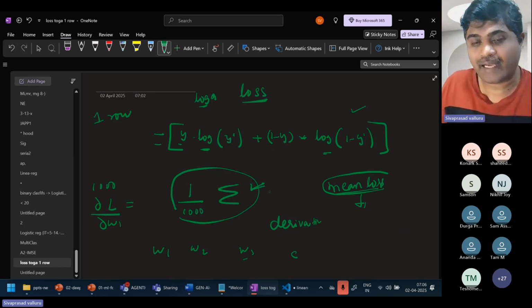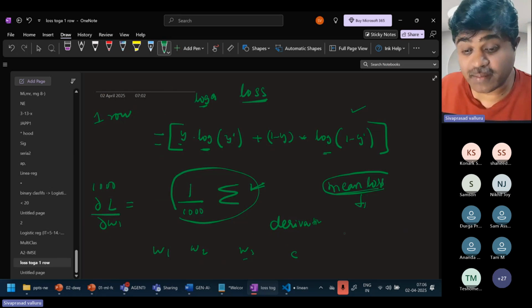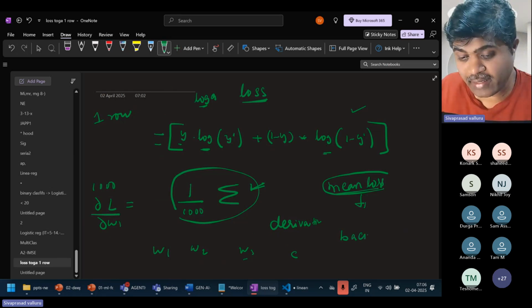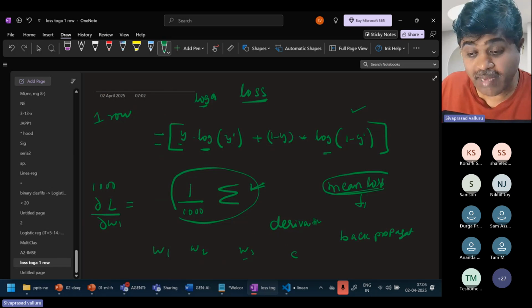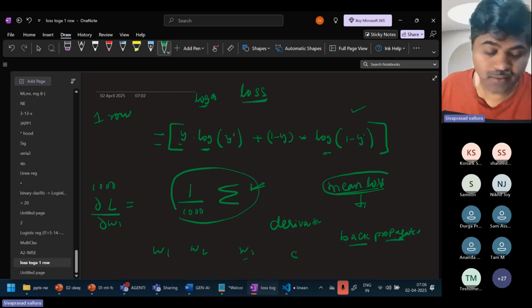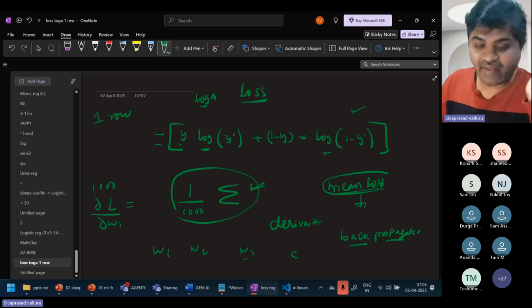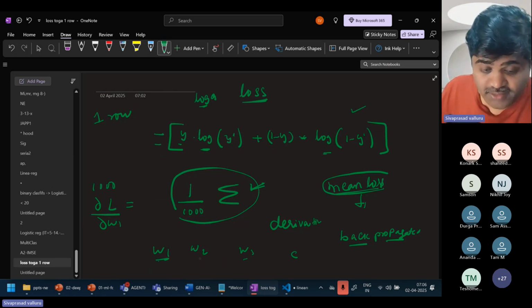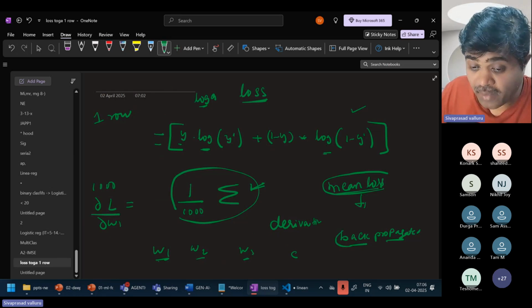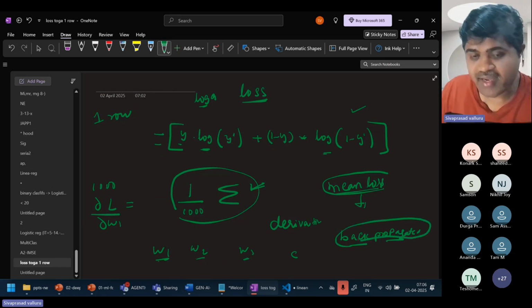We say that the loss is back propagated to get the adjusted values of the weights. This process is called back propagation, right?